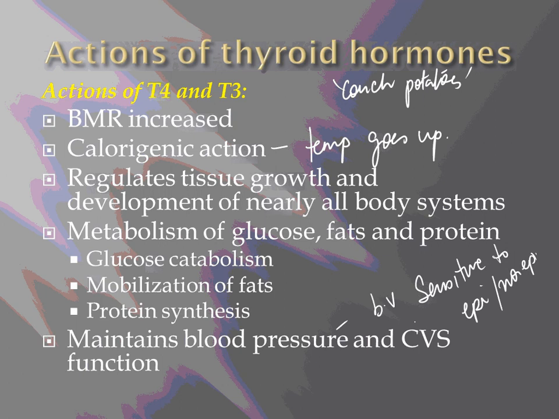High or low? High, because if it's making the blood vessels sensitive to epinephrine and norepinephrine, if there's more thyroid hormones, it will make them more sensitive, right? Someone with low thyroid hormones will have low blood pressure. The blood pressure will be lower than normal, okay? So these are some of the functions of the thyroid hormones.